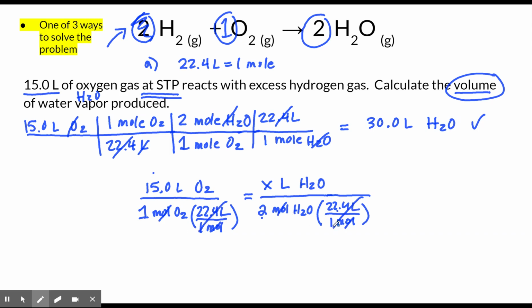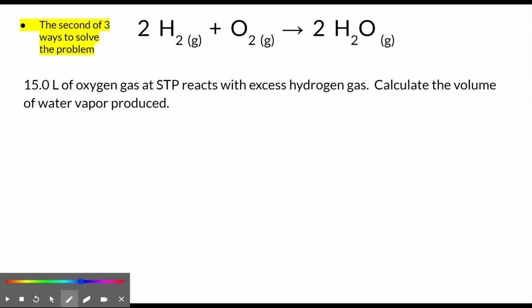So actually the 22.4 would still cancel out. So in the end, we get 1 times x is equal to 15 times 2. Therefore, x is 30.0 liters of water. So absolutely, you can do the proportions method in this way for gas stoichiometry. As you can see, you get the same answer.